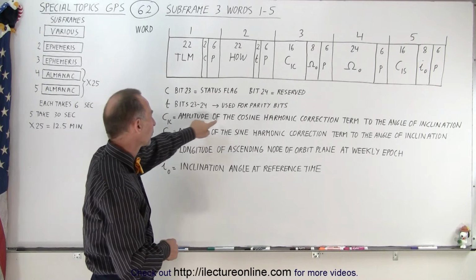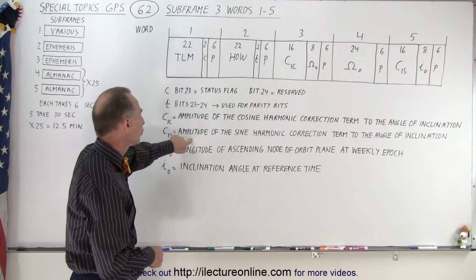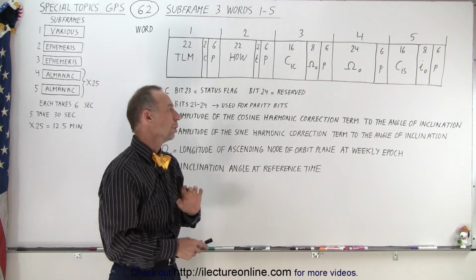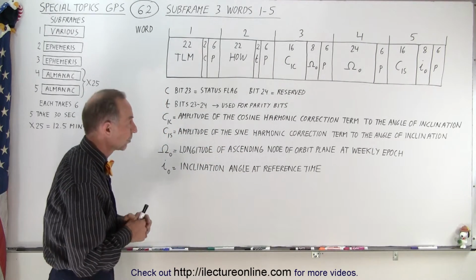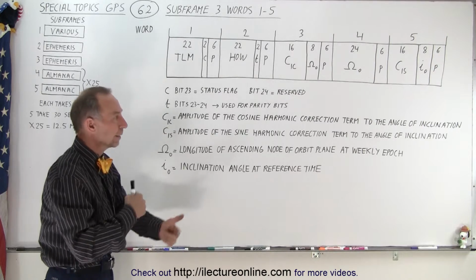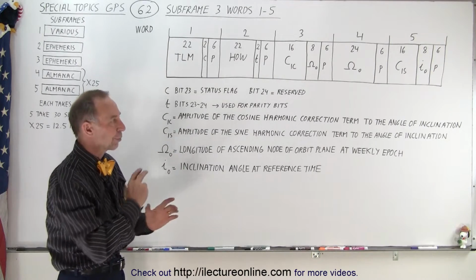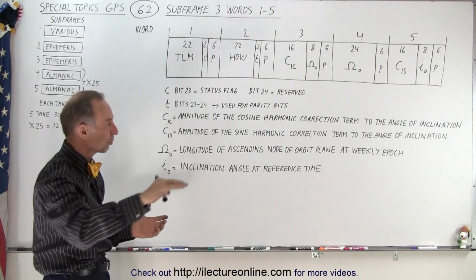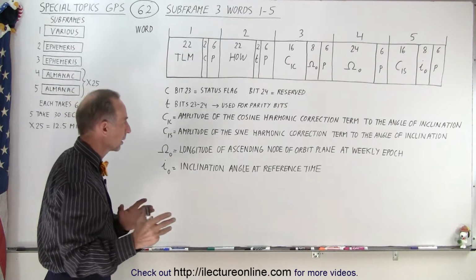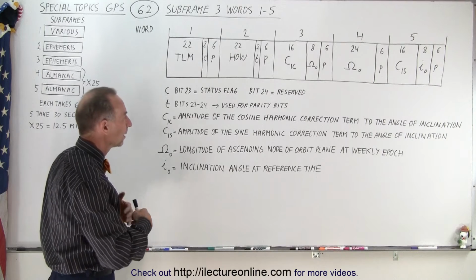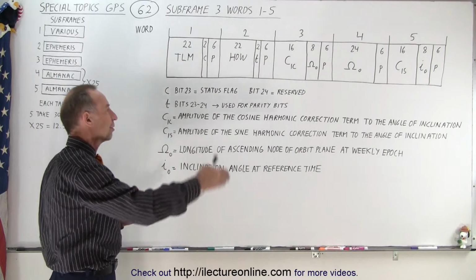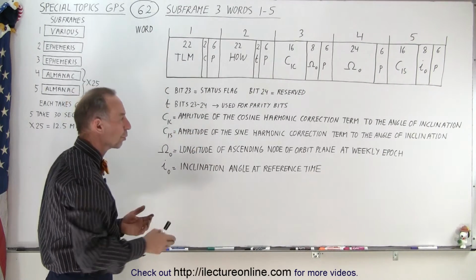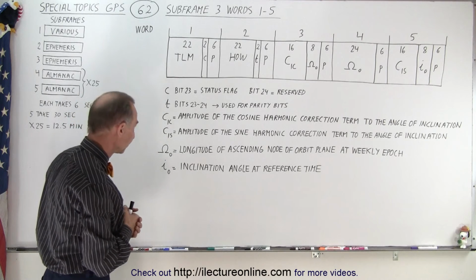So that's the amplitude of the cosine harmonic and the amplitude of the sine harmonic correction term to the angle of inclination. So again, due to the orbits not being perfectly stable, we need to have these correction terms, and of course the correction terms are going to be harmonics of the cosine and the sine, because of the nature of the changes in the orbit due to the eccentricity of the orbit.